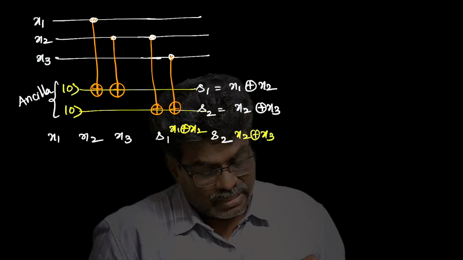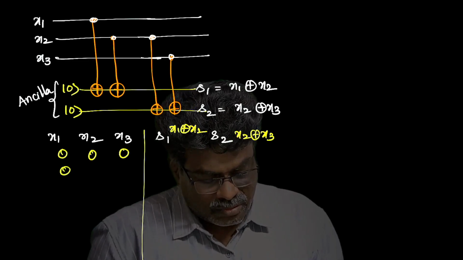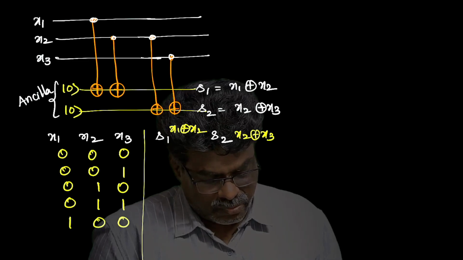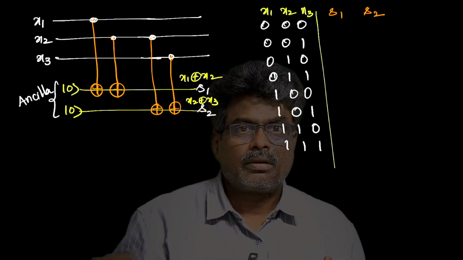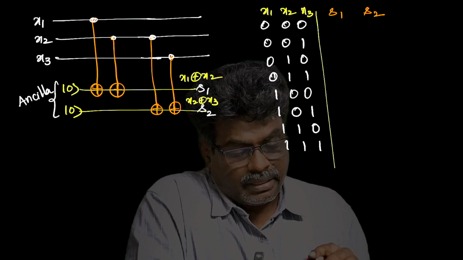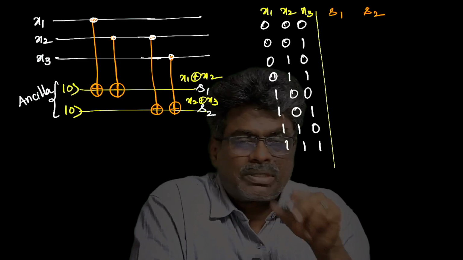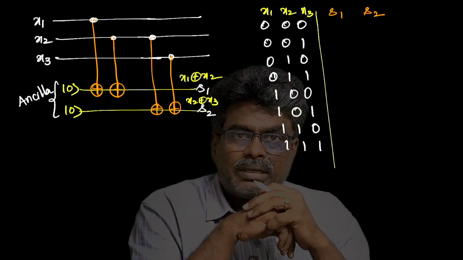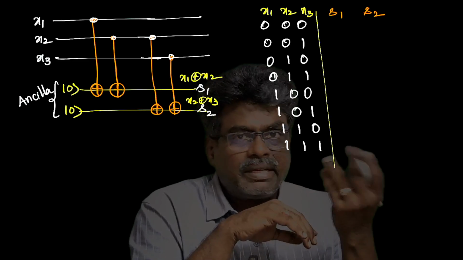So how to get this? One thing is very clear, S1 is X1 XOR X2. The XOR operation is nothing but an inequality finder, so wherever inequality is there, we can take 1.